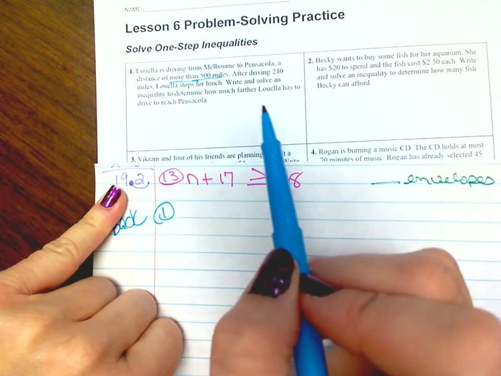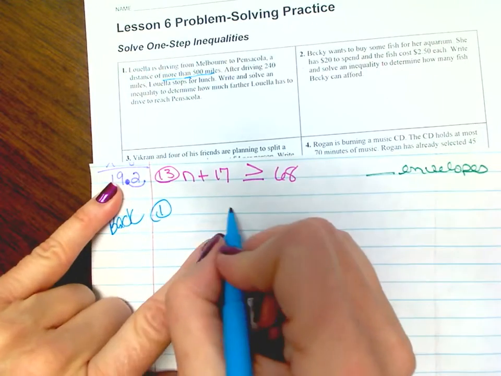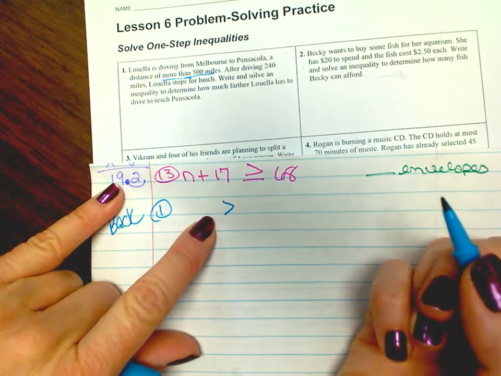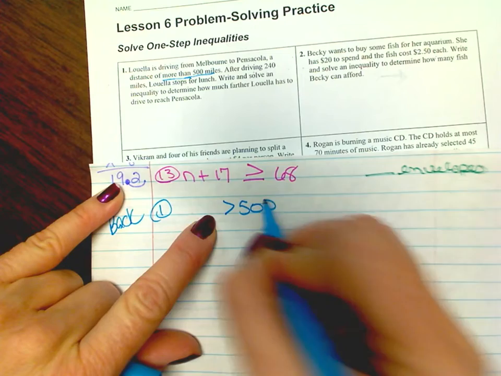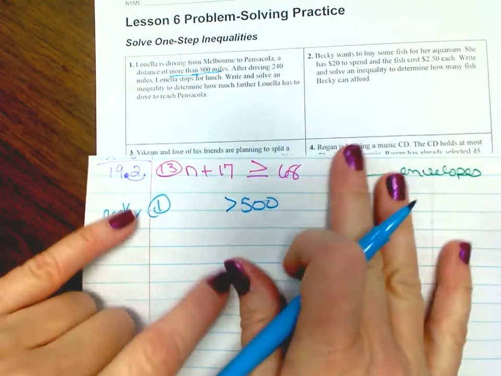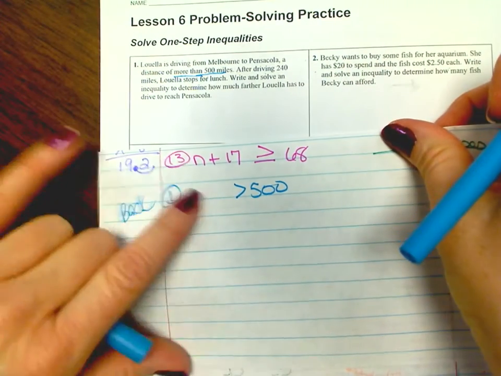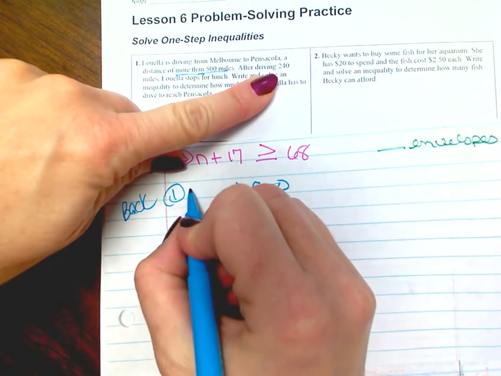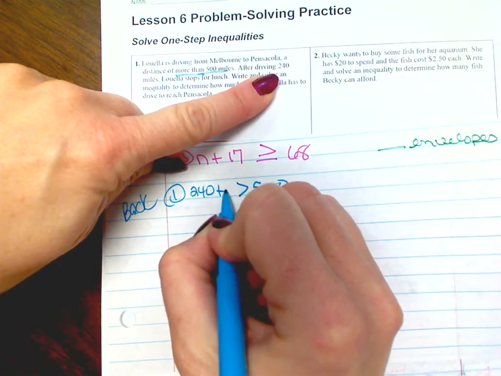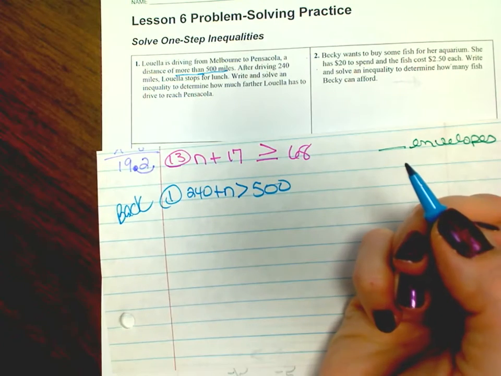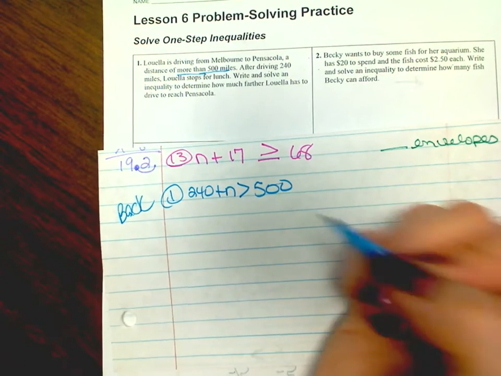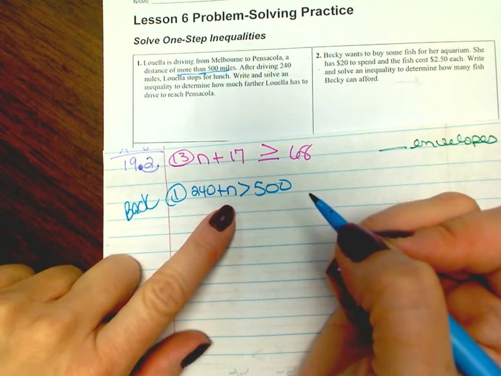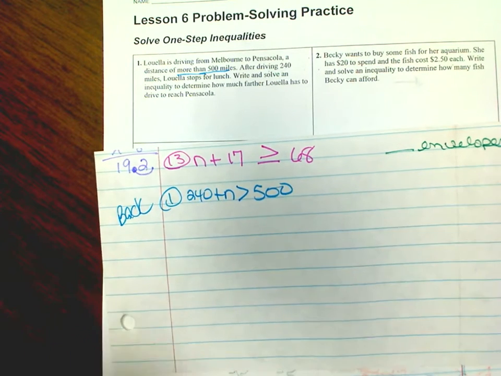Okay, more than. So I already know that's going to be more than 500. And then we know that she drove 240 plus however many more miles she has to go. And that's what we're going to find out, N. So another simple one-step inequality, but I did help you set it up.